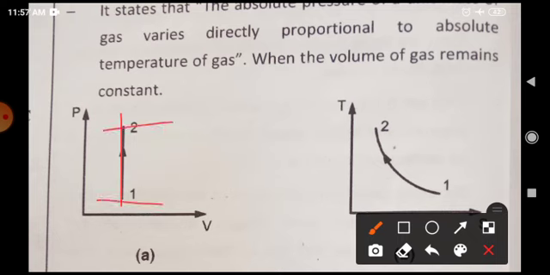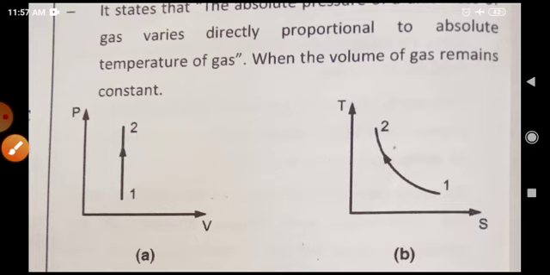If the process goes from the first equilibrium state to the other, the volume stays constant. If the volume of the gas is 3 meter cubed per kg at the first point, at the second point it is also the same. Throughout the process, this line represents the process, and you can see only one value of volume, so the volume remains constant.